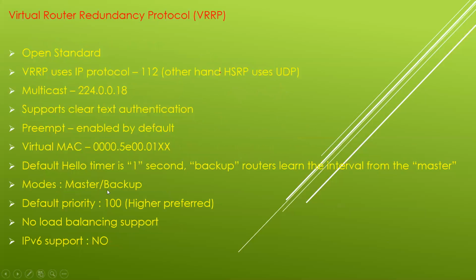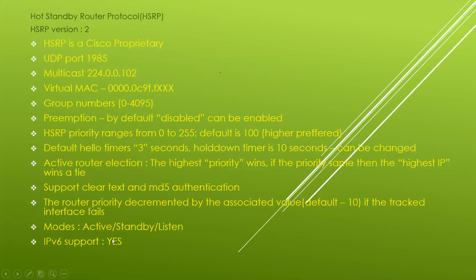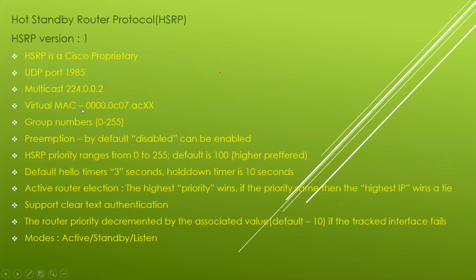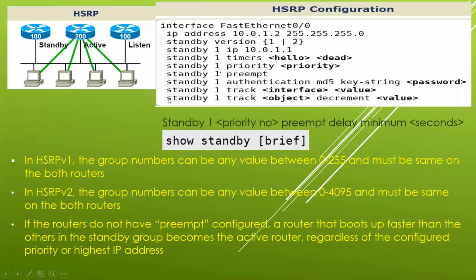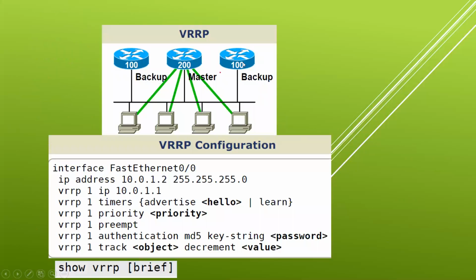After the virtual redundancy protocol, here also in HSRP there is no load balance. You will understand properly when I implement HSRP on the devices. So this is VRRP: one is master and the others are backup.